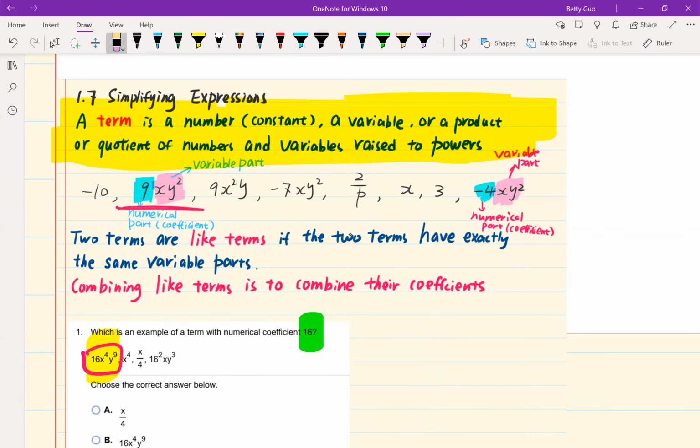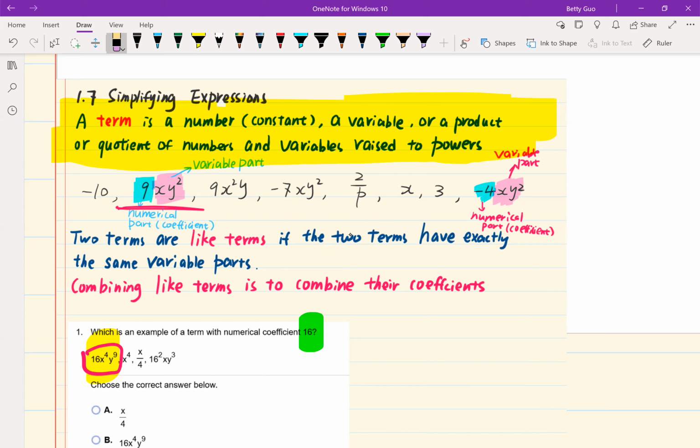What's the variable part for -10? There's no variable part, right? So anything without a variable part would be exactly like terms. 3 exactly. -10 and 3, they are like terms. Can we combine them? Yeah, -10 plus 3 is -7, right? Okay, perfect.